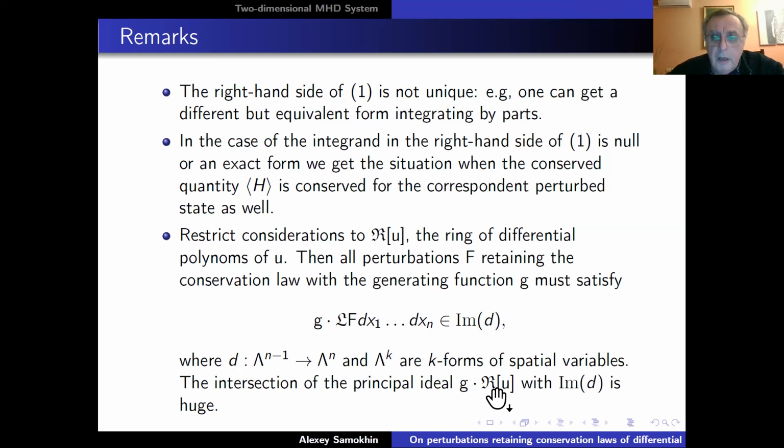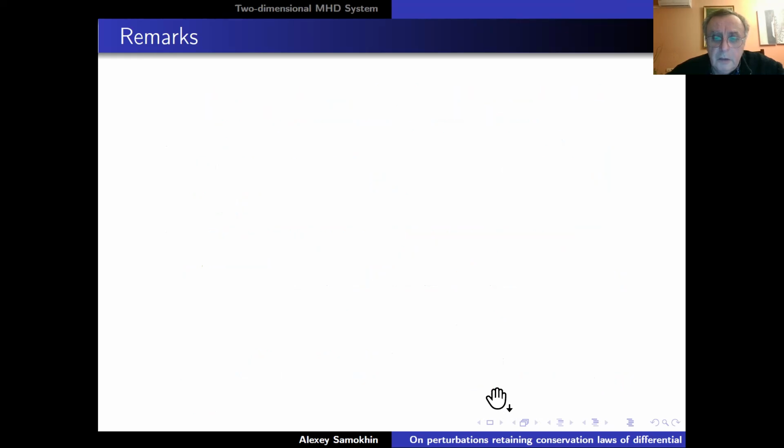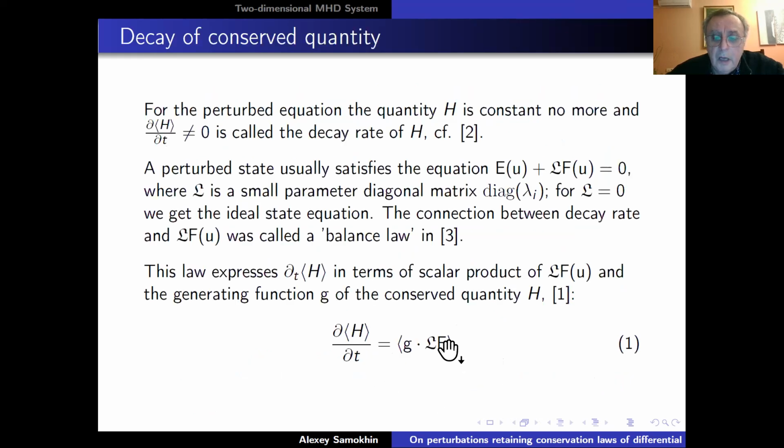In fact, that means that there are a lot of additional terms which retain in the perturbed equation a certain conserved quantity.